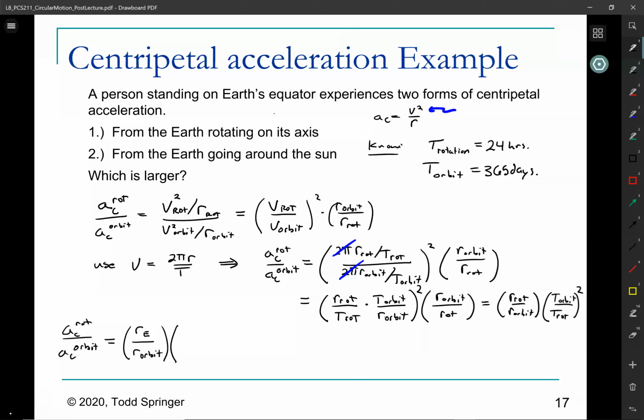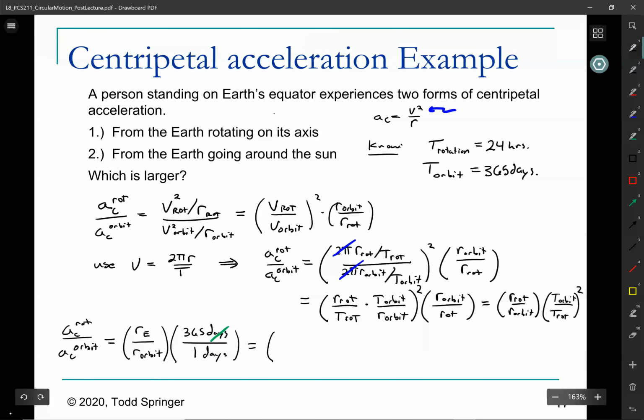So probably best to put these in the same units. The time for the orbit is 365 days, and the time for the rotation is 1 day. I could put 24 hours, but then they wouldn't be in the same units. So these units cancel.